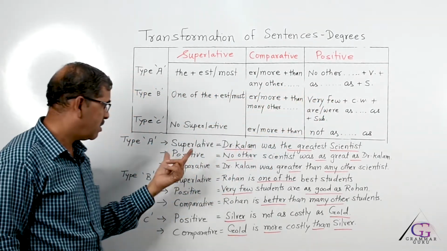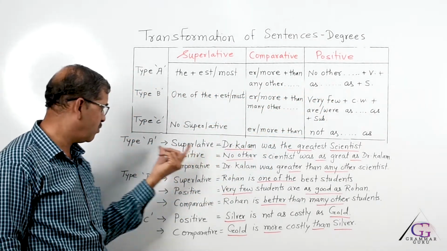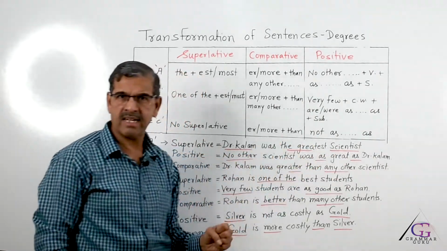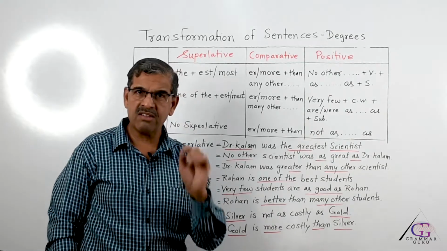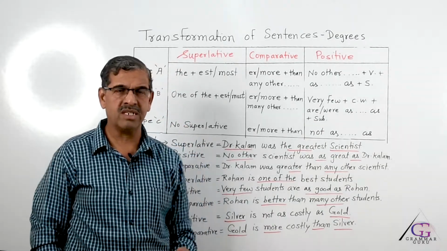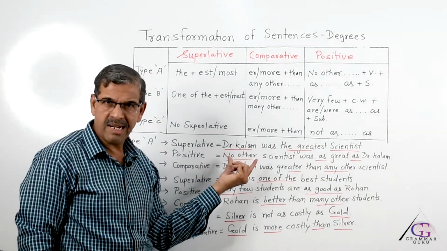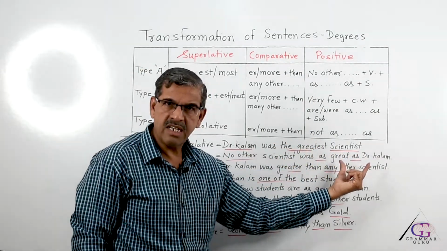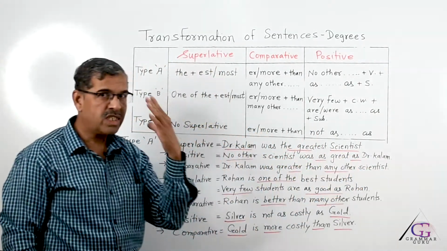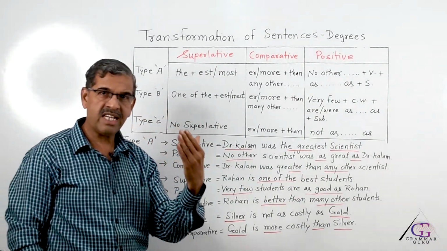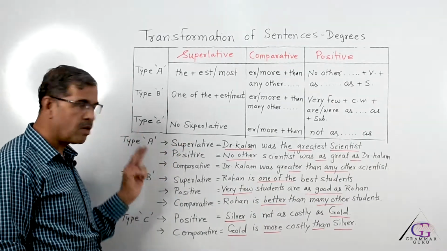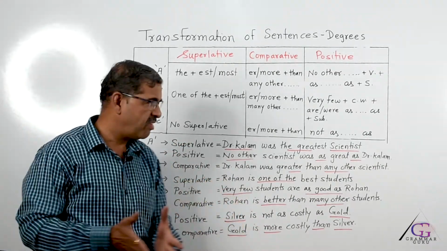So if you learn this formula and understand the examples given below, now let's try to understand type A using this formula. The first sentence given in superlative for type A is: Dr. Kalam was the greatest scientist. I have deliberately underlined three words so that we will be able to understand. Dr. Kalam is underlined because it is the noun, the greatest is the adjective, scientist is the class word. Once we know these three answers, writing the positive or comparative from superlative will be very easy.